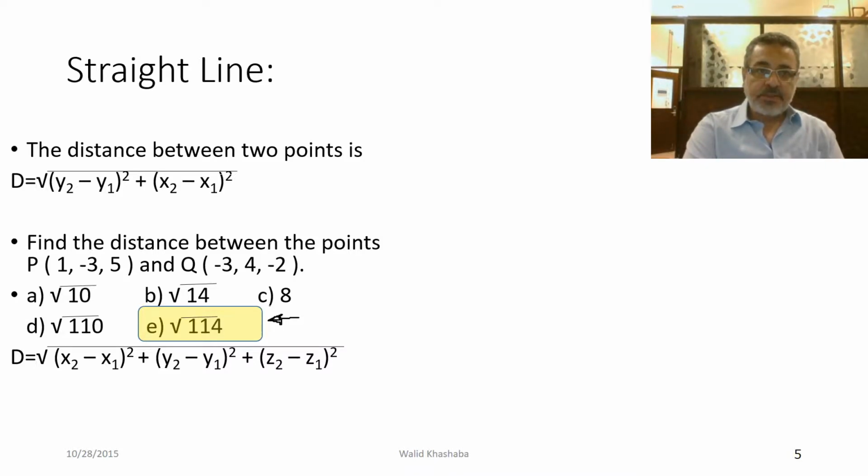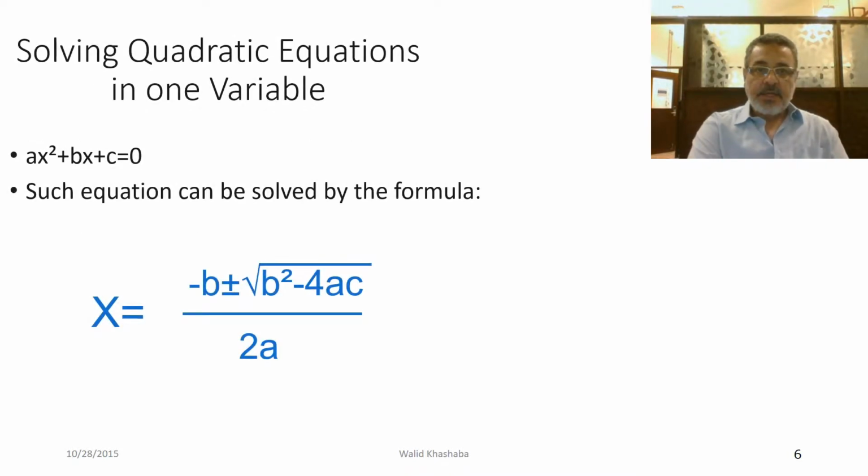Well, let's see if we have a quadratic equation, a second degree equation. Of course, its graphical representation will never be a line, because as we should know, first degree is the straight line.